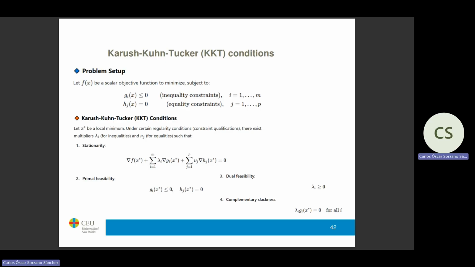And there is another set of conditions, the complementary slackness: lambda times g, for all the inequality constraints, has to be zero. Now we have an equation system again, a very large equation system that we have to solve.